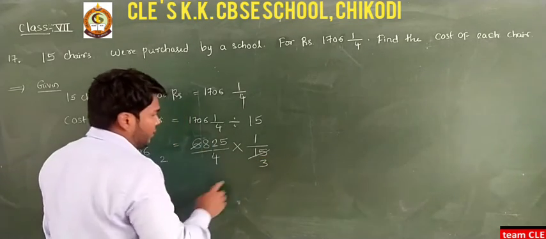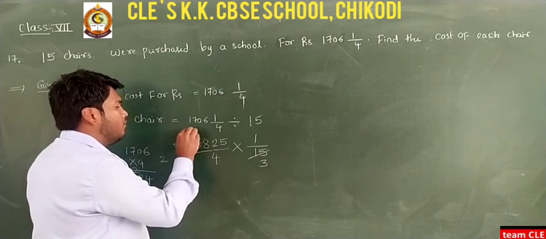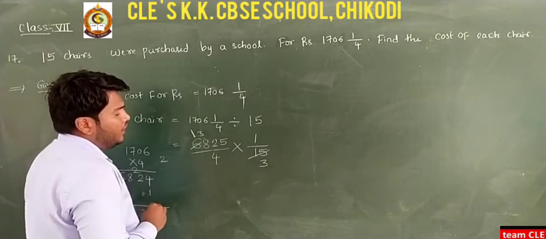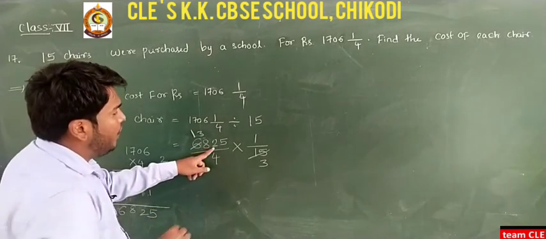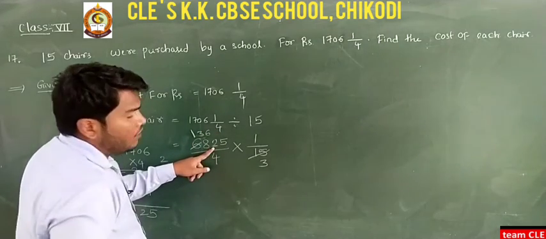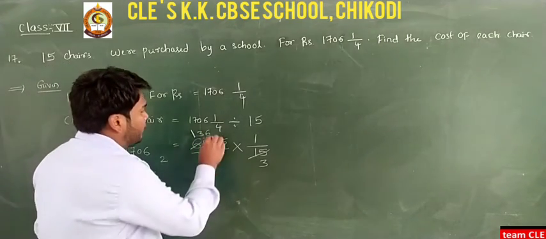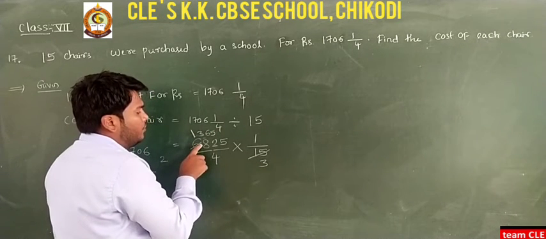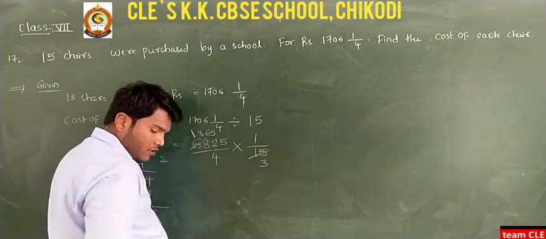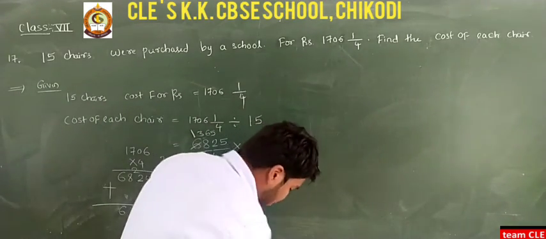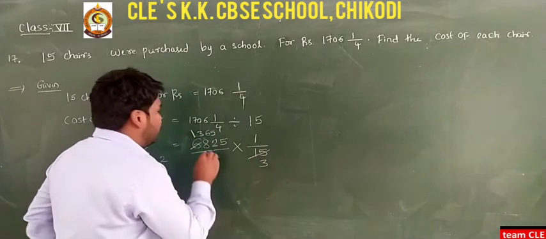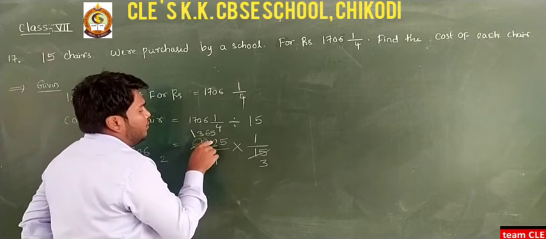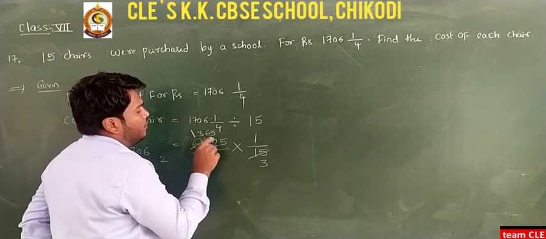5 threes are 15, 5 ones are 5, how much remains? 18 it is. 5 threes are 15, so 3 remains, and it becomes 32. 5 sixes are 30, 2 remains, and 5 fives are 25.